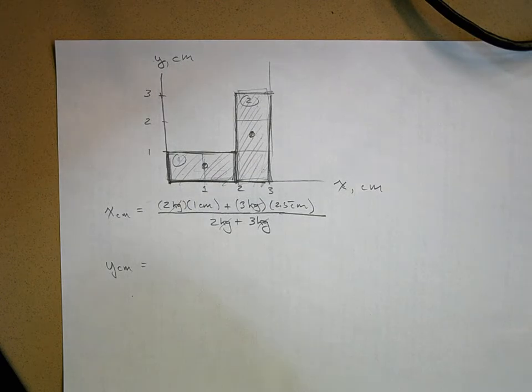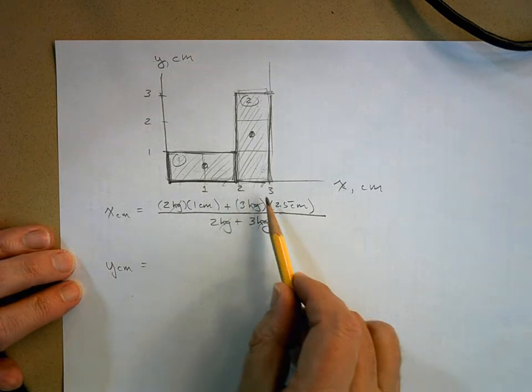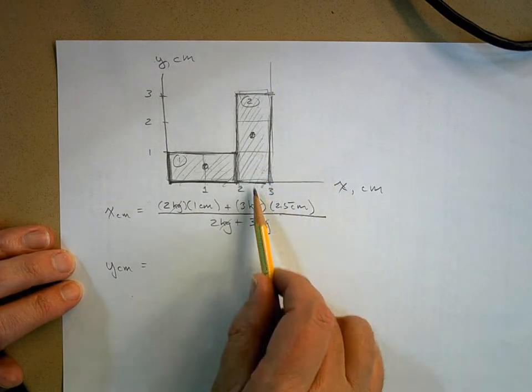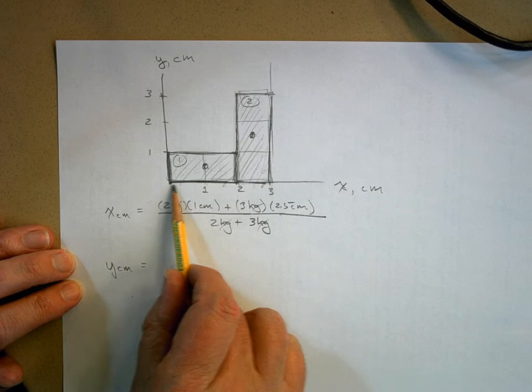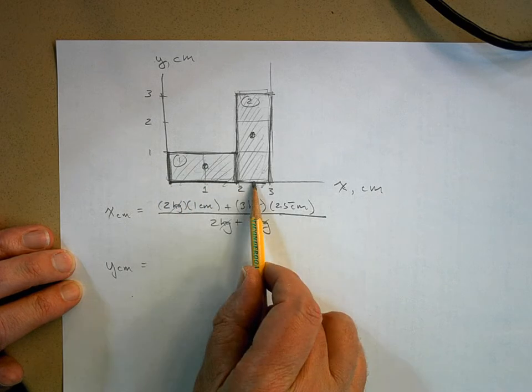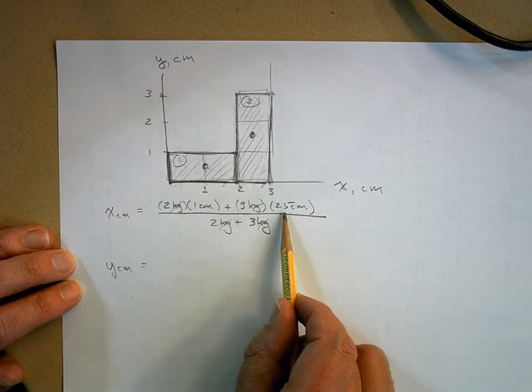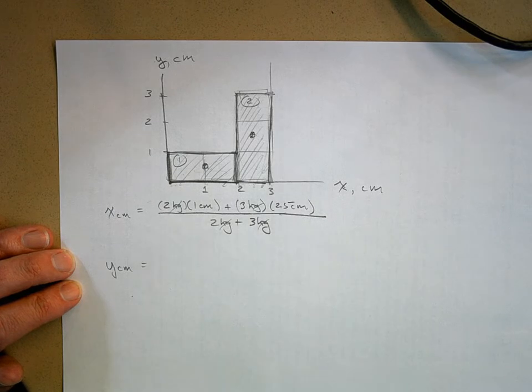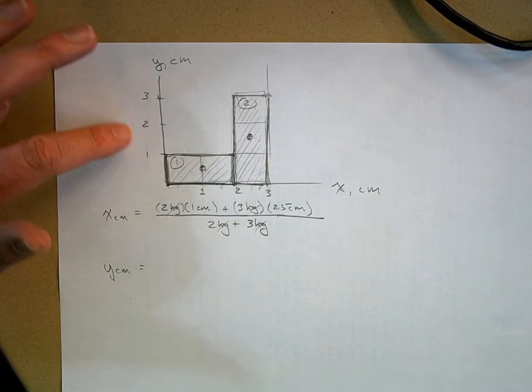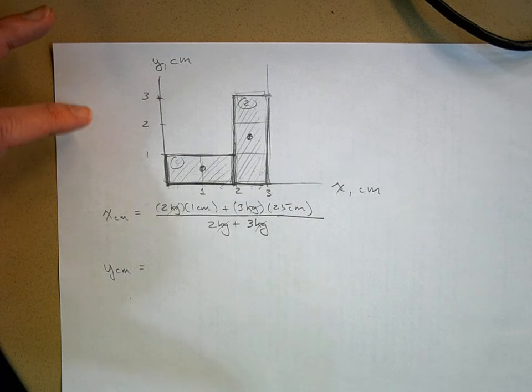Wouldn't it be 1.5 centimeters? Right here? No, it's 1, 2.5. That is its position from the origin. Oh, it's going to be 1.5 in the y direction, as we'll see here in a minute.